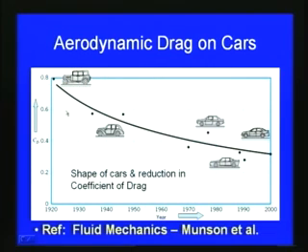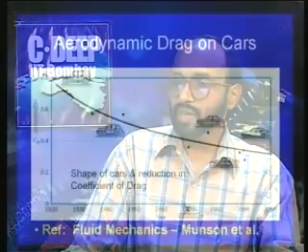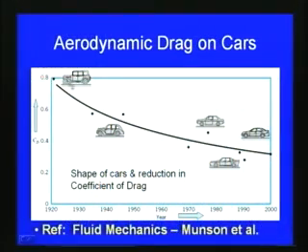In the 1920s or 1930s, you can see the shape of the car was like this, and then in the 1940s and 50s when we understood that this coefficient of drag or the drag force can be reduced, the shape of the car was changed to this. Then you can see that the drag coefficient earlier for this shape was about 0.8, and for this shape of the car the coefficient of drag is about 0.55 or approximately 0.6.